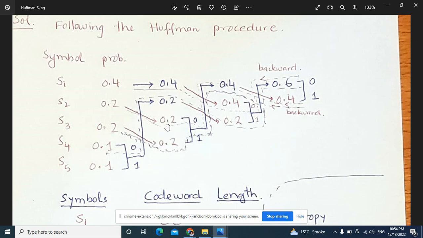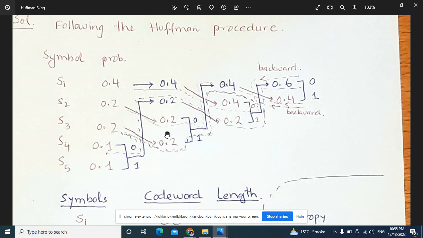From these three, you can again combine the two lowest probability symbols, 0.2 and 0.2. So you can assign the symbols 0 and then 1. You need to always assign 0 up and 1 down. So 0 up and 1 down. Then the combined answer is 0.4.